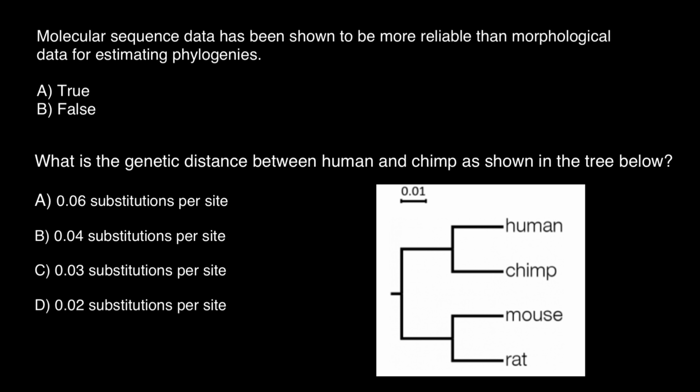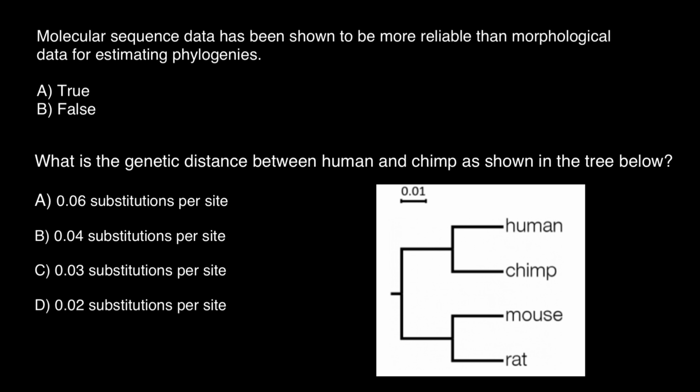Today's first question is: molecular sequence data has been shown to be more reliable than morphological data for estimating phylogenies. On this picture, just by comparing the appearance of humans and chimps, for example, we can tell that they are more closely related than humans and mouse, because of their morphological features.